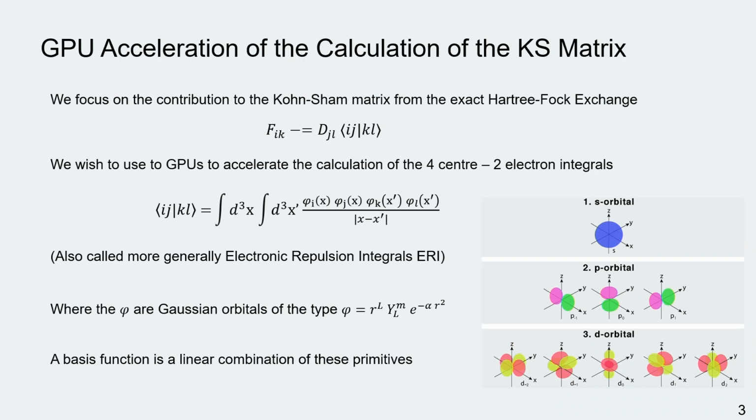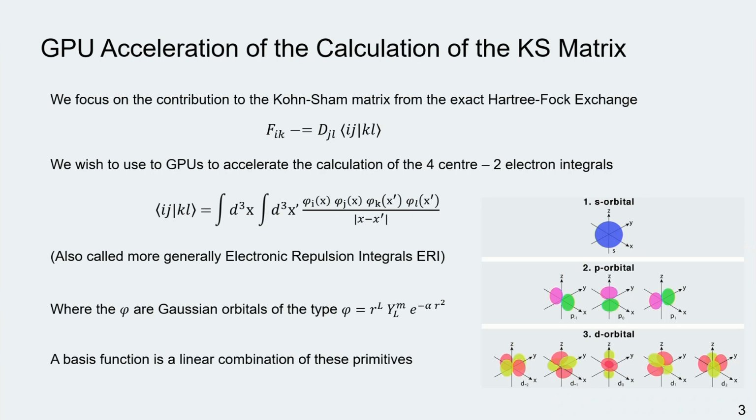In our codes, CP2K and Crystal, these basis functions are Gaussian orbitals, so they contain a radial function, the spherical harmonics, and then of course a Gaussian function. They look like the classical atomic orbitals you see in any chemistry textbook.